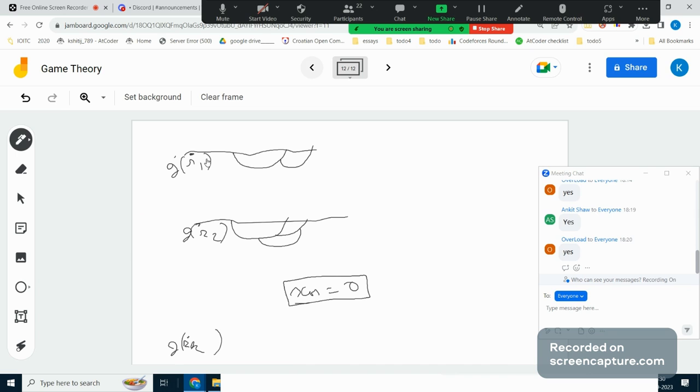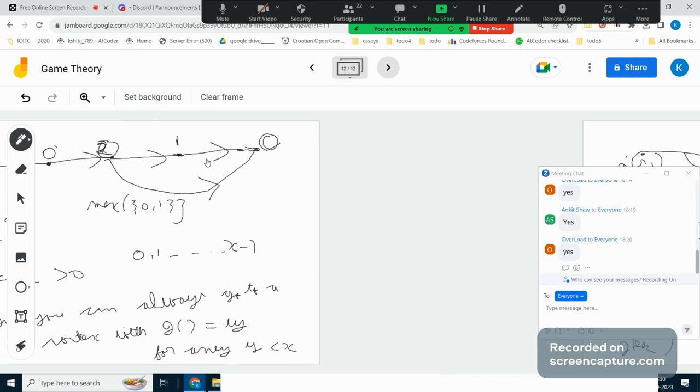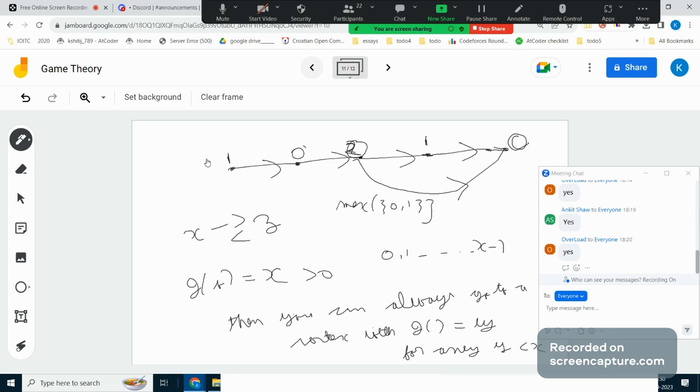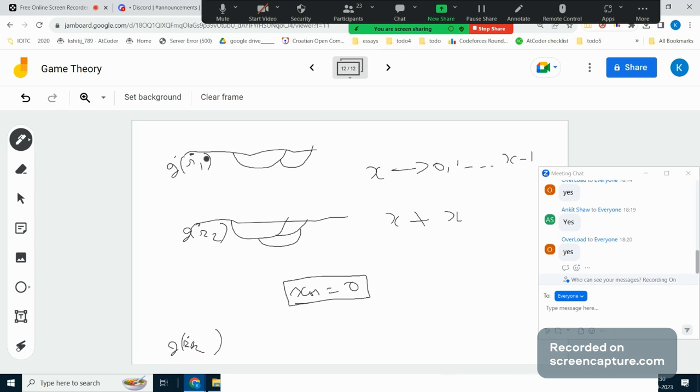So now notice that if we could go only to smaller values, it's exactly the same problem. If we can go from x to any value less than x only, and notice that we can't go from x to x, since it's a minimum excluded function, x is not there in the set. So we can't go from x to x. We can go from x to 0, 1, up to x minus 1.